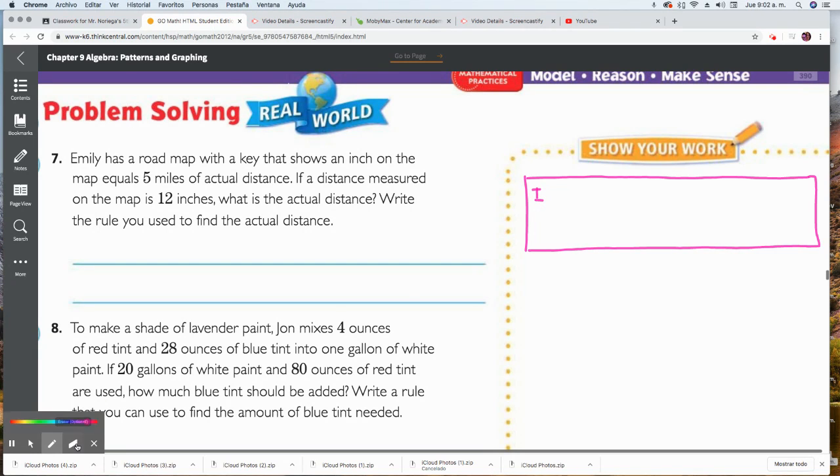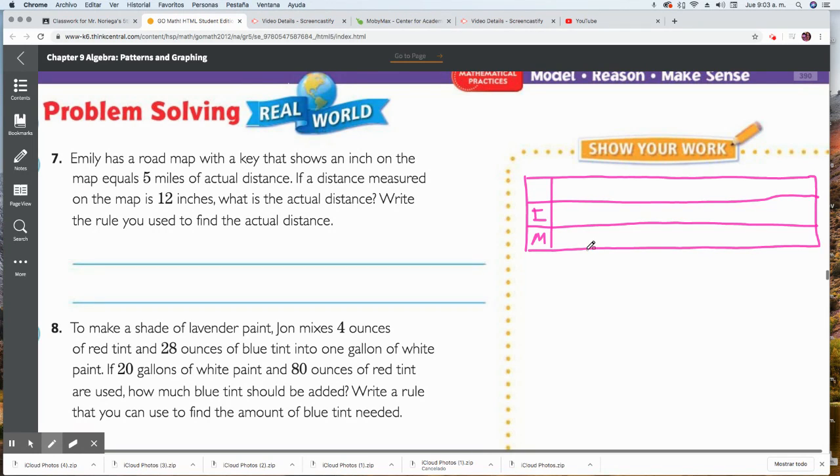Let me make 3 lines. I need 3 lines right here, and then I'm going to divide this so that I have 3. I need to write here the number of inches and then the number of miles.